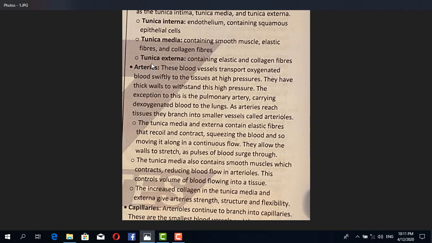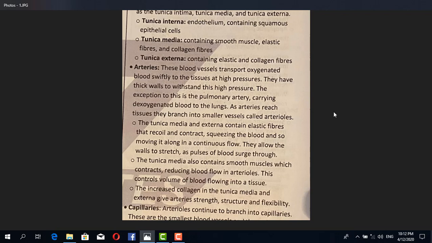The first thing that we're going to talk about is the arteries, and remember to always differentiate between the arteries and the veins. They are not the same when it comes to structure. For the arteries, what is their function?